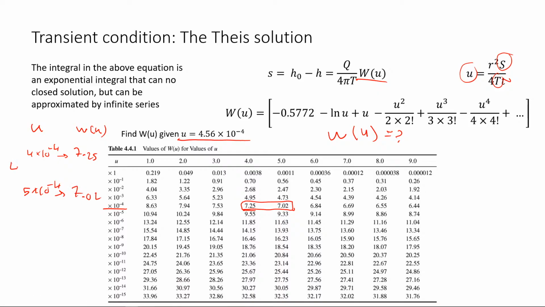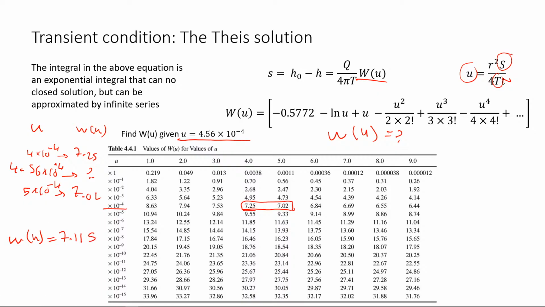Now at U equal to 0.56 times 10 to the power minus 4, what would this be? So you interpolate. If you did this interpolation, I got W equal to 0.115.